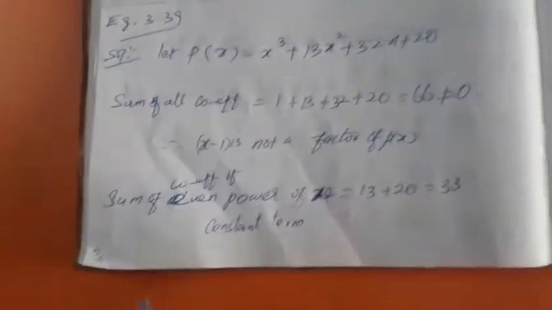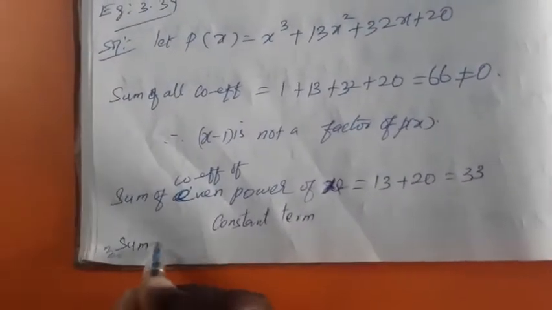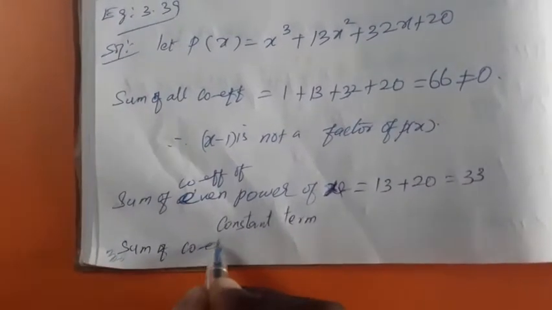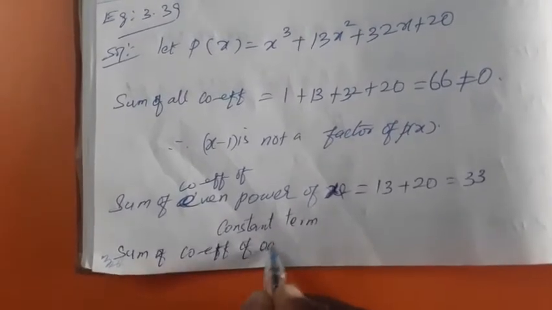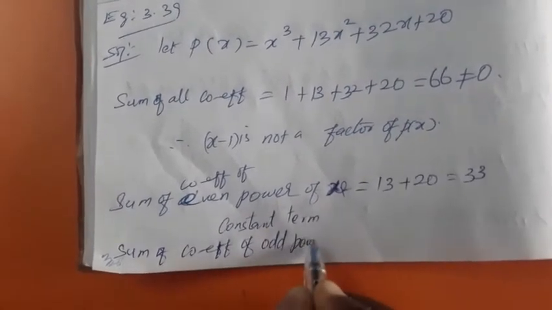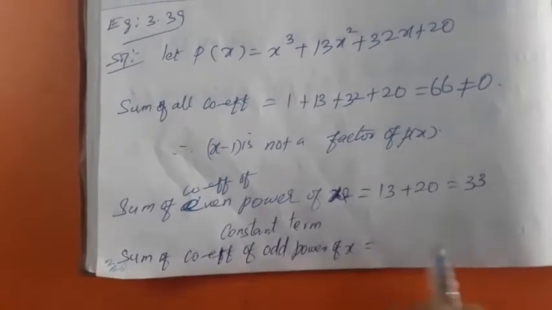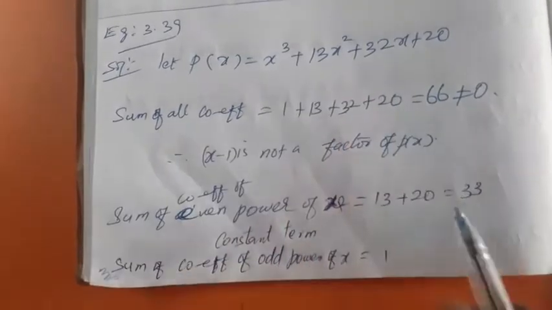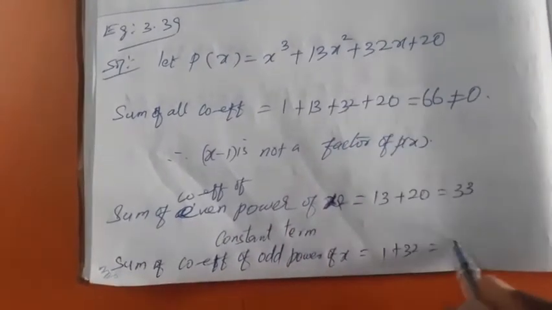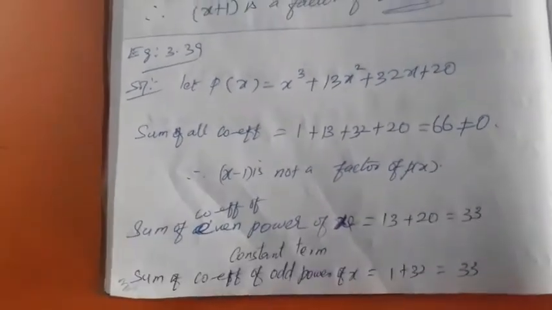Next, the sum of the coefficients of odd power of x. What are the odd powers here? x cube, whose coefficient is 1, and 32x. Adding, we get 33.